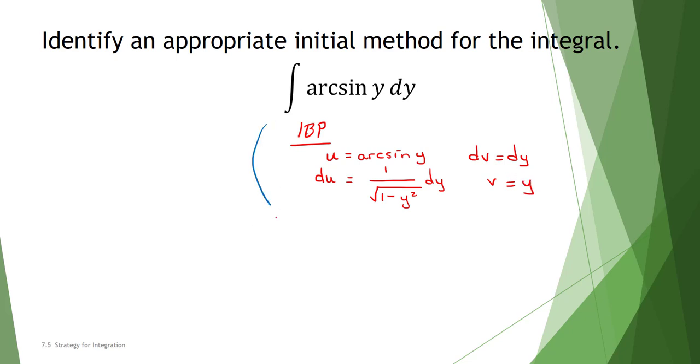And then our integral is y arcsine of y minus the integral of y divided by the square root of 1 minus y squared dy. Now we do still have an antiderivative to deal with, but here we can get away with u substitution. Choose u equals 1 minus y squared.